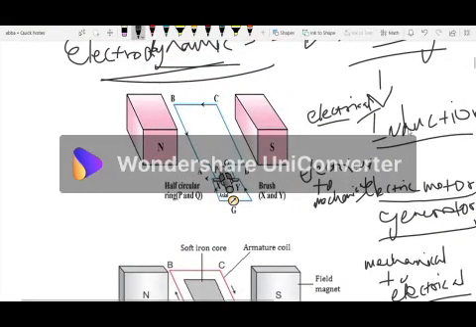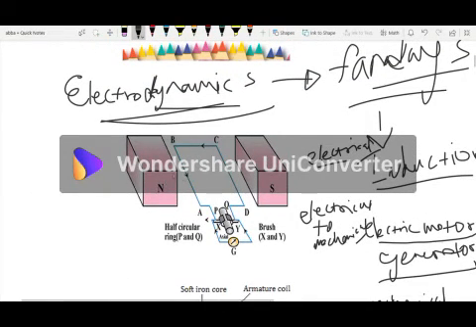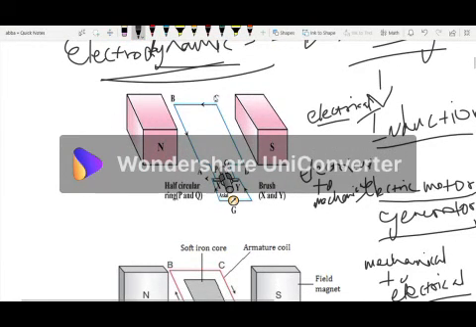So what we spoke about is just this part here, that if you have a north pole and a south pole here, and you have a coil here, you can be able to conduct electricity, right? So now this is where we start to speak about AC generators, right? Alternating current generators. We have the direct current, we have the alternating current generators. These are the types of generators: the alternating current generator and the DC generator.